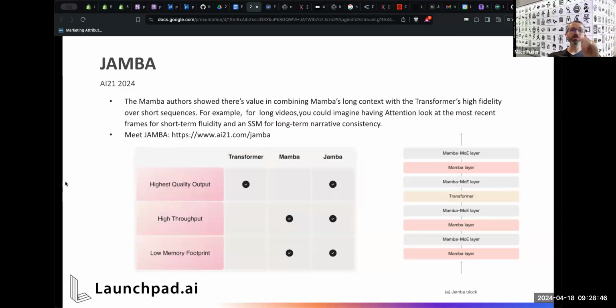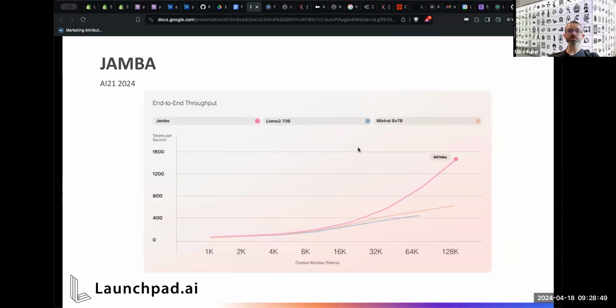I think if I recall correctly, the Jamba model, they say it's the only model of its size that can fit a 140K context window on a single GPU.